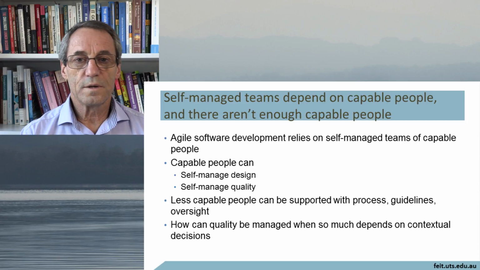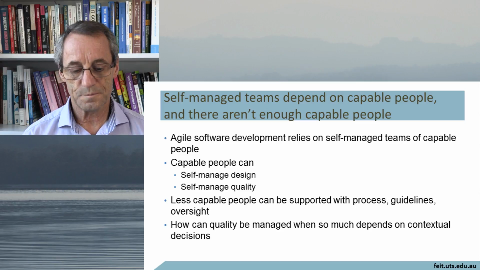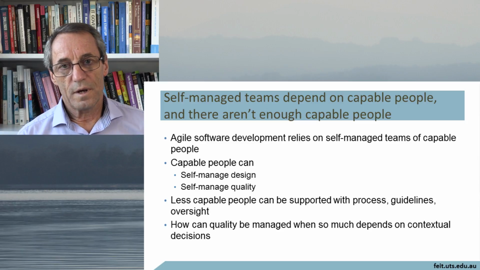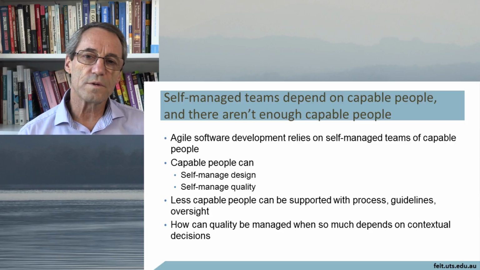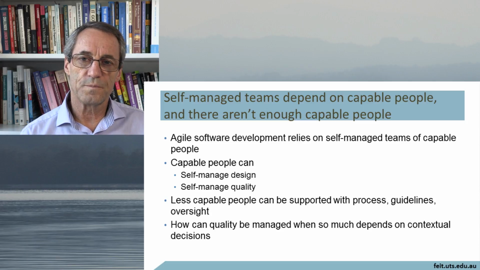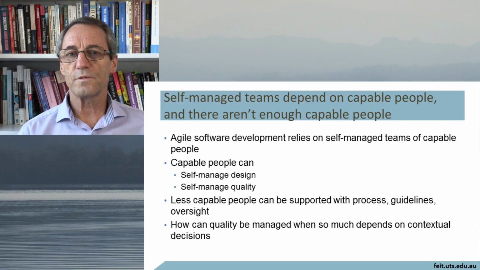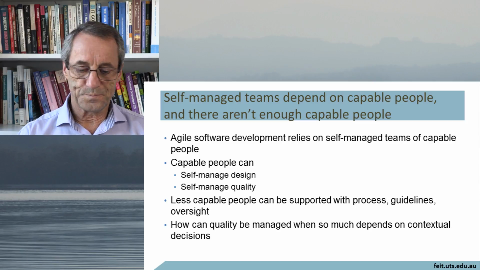Now, that leads to the whole idea that in Agile software development, how do they assure their quality? Although there's not a formal quality management function, and there certainly hasn't been published a great deal of information on how you assure quality in Agile software development, clearly they're getting enough of it right to be commercially acceptable. So how does this happen?